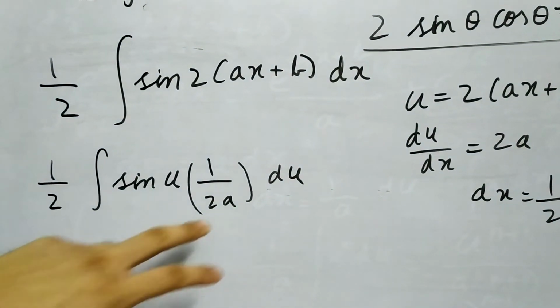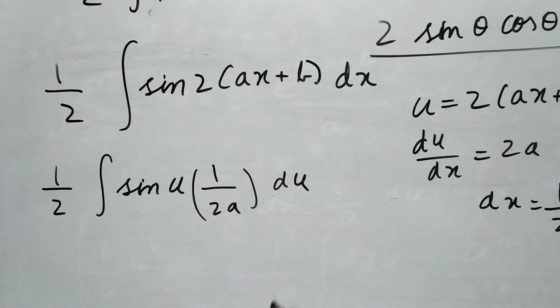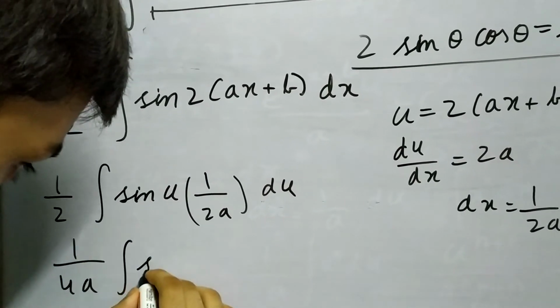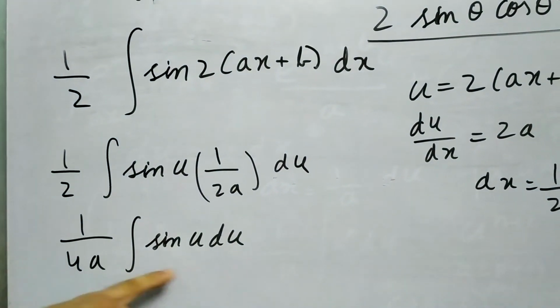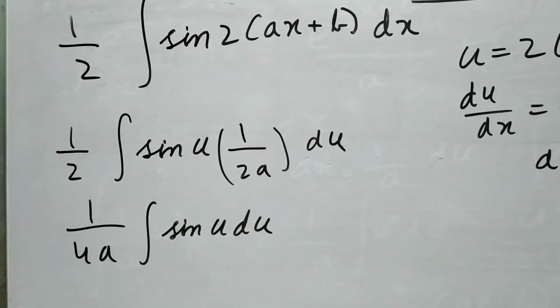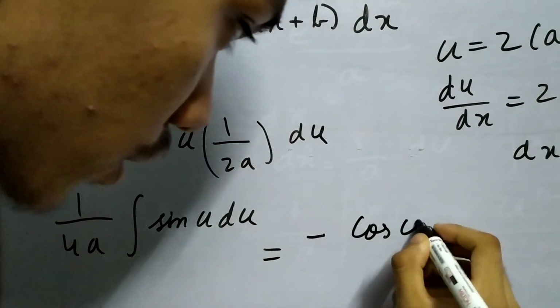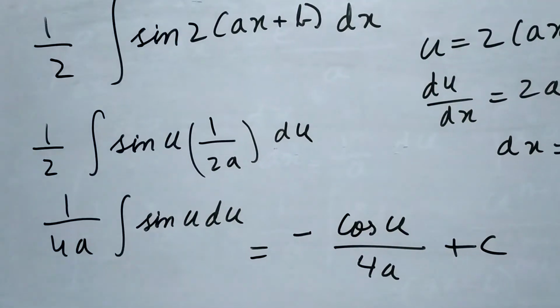So 1 upon 2a goes out, it gives 1 by 4a, and inside this integral you are left with sine u du. This integration sine u du is minus cos u, so minus cos u by 4a plus c.